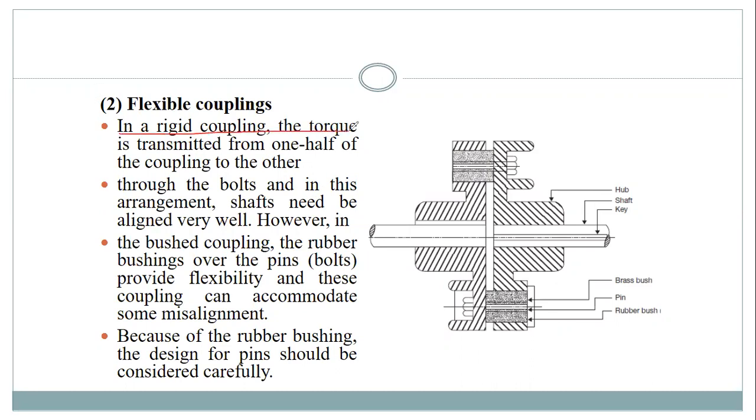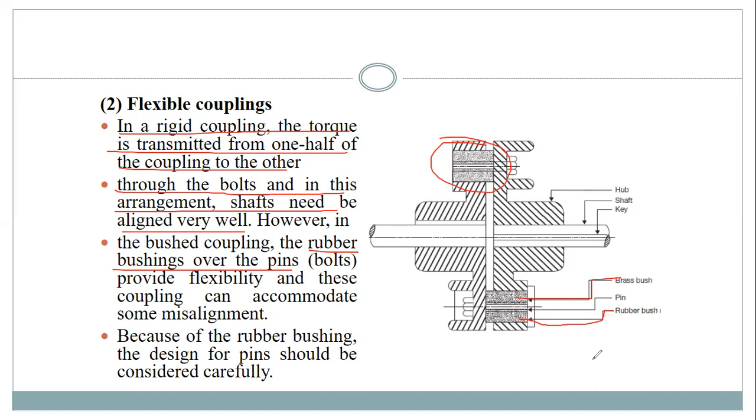But in rigid coupling, the torque is transmitted from one half of the coupling to another through bolts. And in this arrangement, the shaft needs to be aligned very well. But in flexible coupling, you can see here, the rubber bushings over the pins or the bolts is there. You can see here, the rubber bush, or you can see there is a brass bush, right?